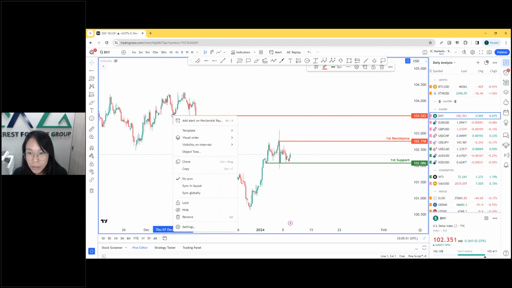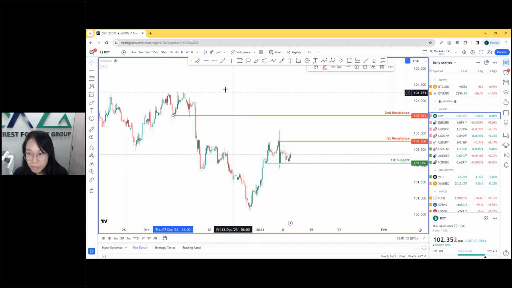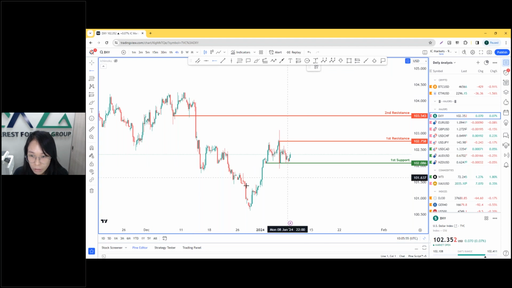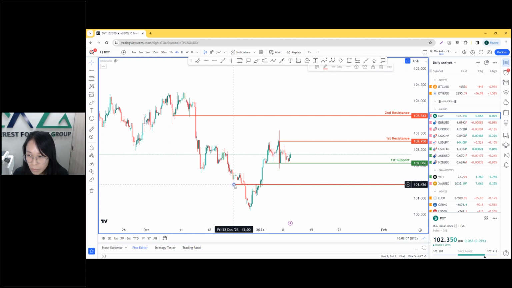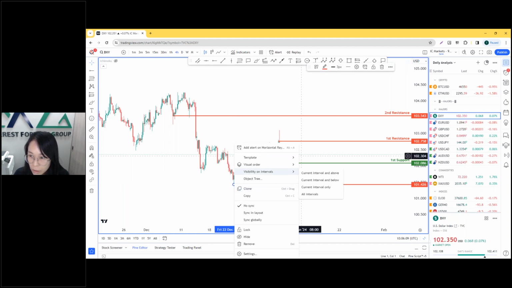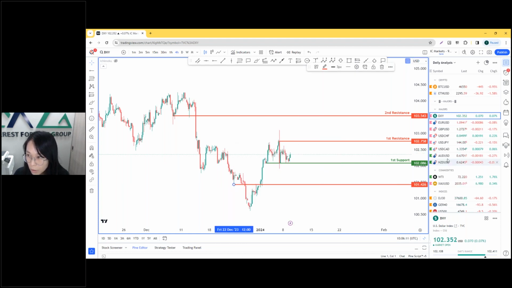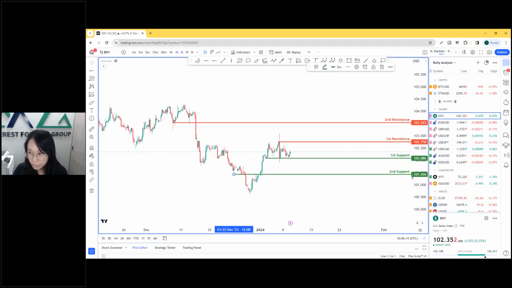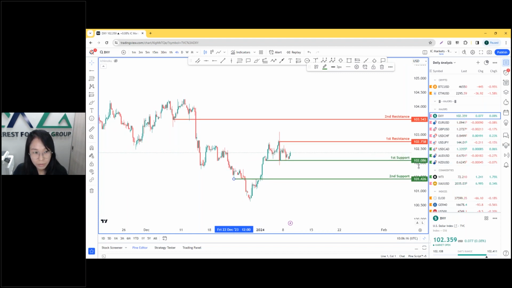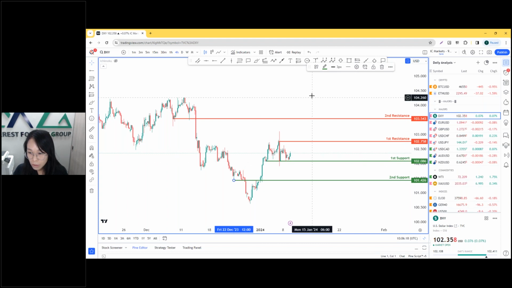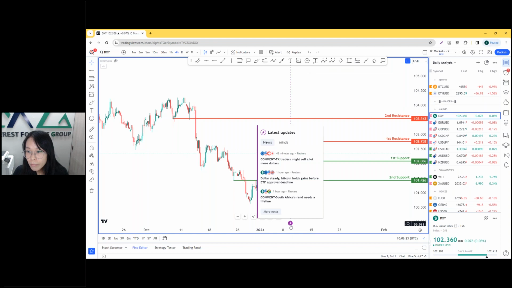This can be our second level of resistance, and this pullback support will be our second support level. It looks like the price has bounced off and is heading toward the first resistance level.